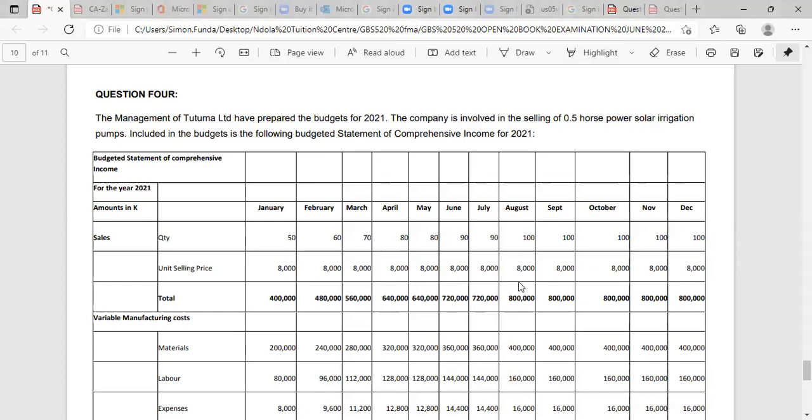That we are done with the workings. Now answer the question. This question is: calculate break even in quantity.